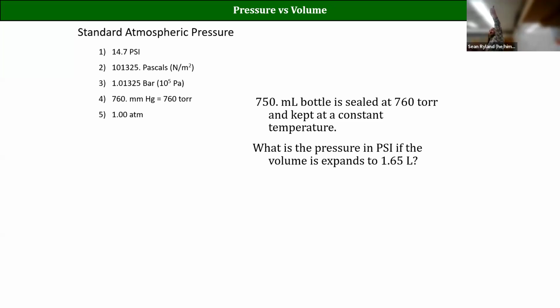So 1 atmosphere was equal to 760 millimeters of mercury, which is equal to 1.01325 bar, which is equal to 101,325 pascals, which is equal to 14.7 psi. All of these different units are related to one standard atmosphere, which again shows our Earth-centeredness. That's the standard atmospheric pressure on Earth.